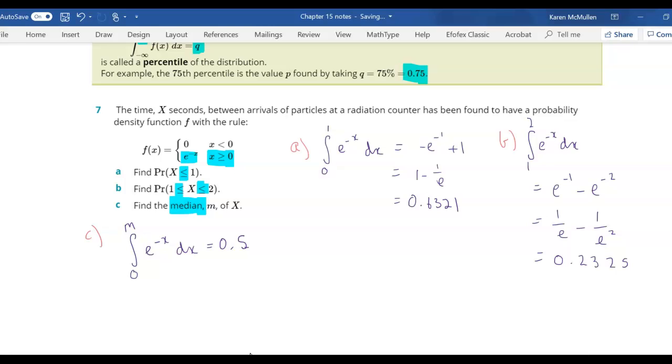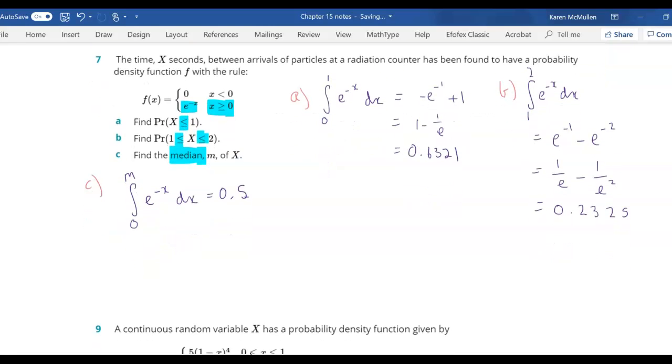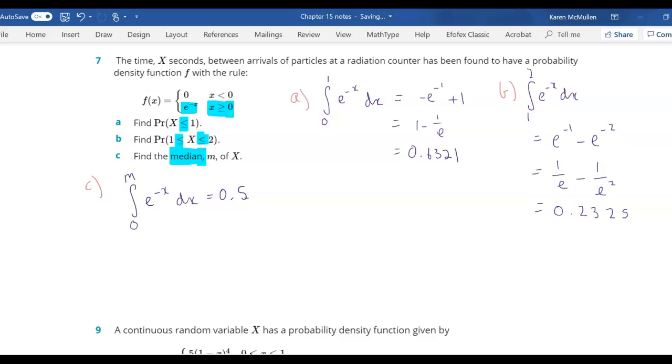All right, and then maybe I'll do this one by hand because I haven't done one yet, even though there was an example there. The antiderivative of e to the negative x is negative e to the negative x, from 0 to m, equals 0.5. So let's just substitute in m and 0. So negative e to negative m.